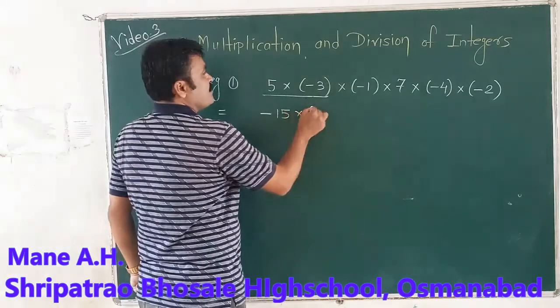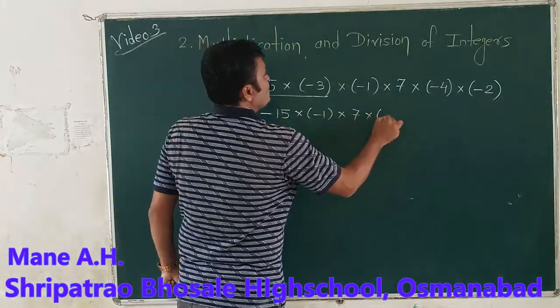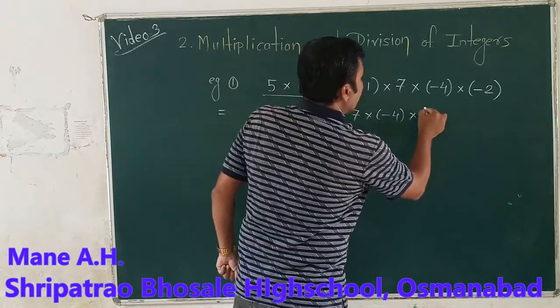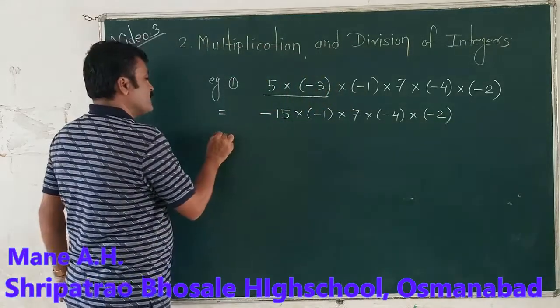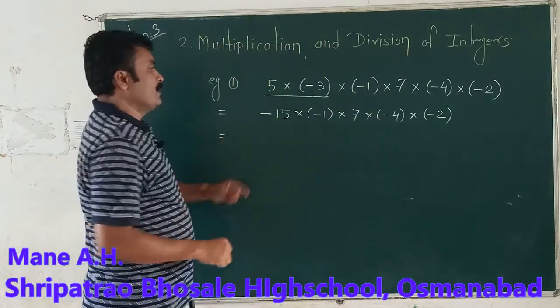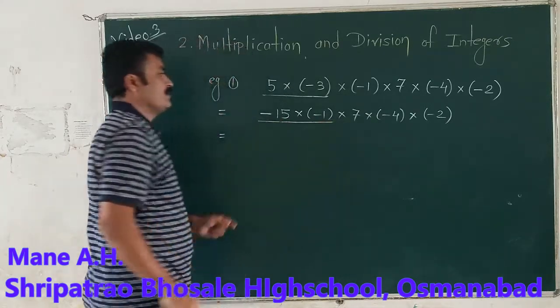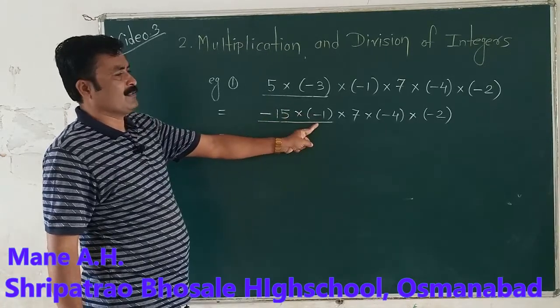Now minus 1 into 7 into minus 4 into minus 2. The next multiplication that I want to continue is between minus 15 into minus 1.